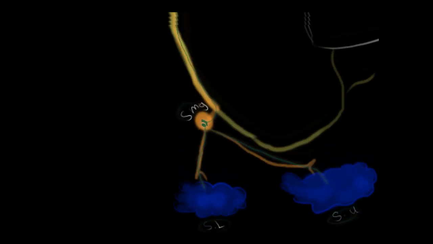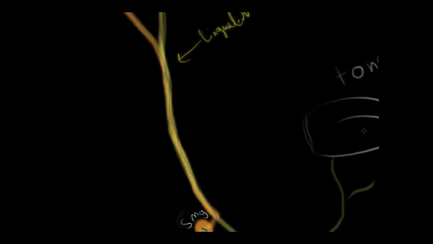Submandibular, this is submandibular gland, and sublingual gland. Okay? That's it for the salivatory part.